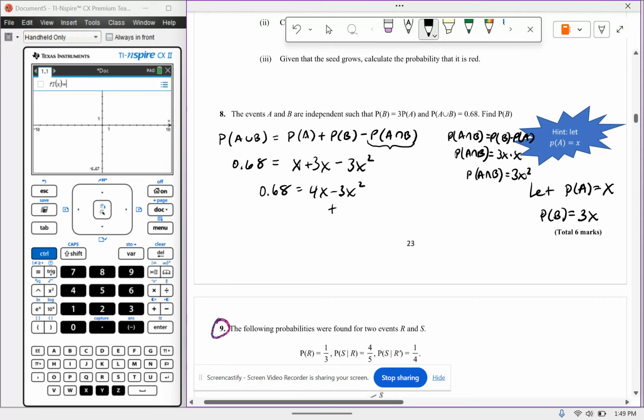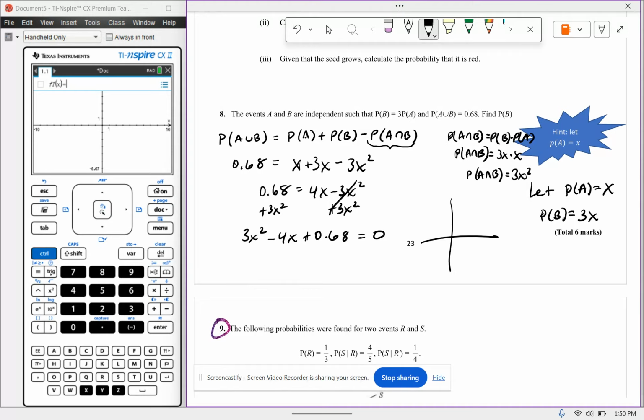Oh, we're looking for the zeros, the x-intercepts. So what you're going to want to do is be like, okay, I'm graphing this for x-intercepts. Look how rough the sketch can be. You're just telling whoever is grading your paper how you found your answer, okay?